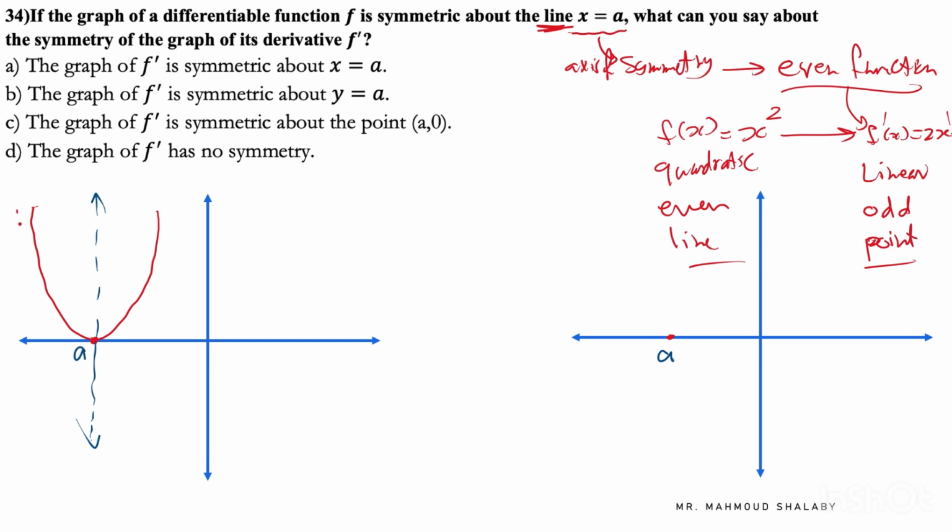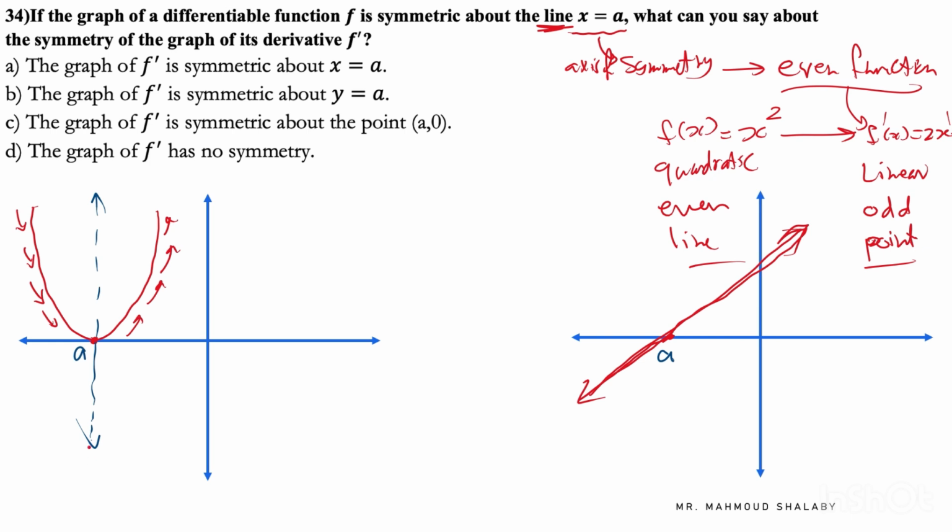But this one is decreasing, so I will start from below the x-axis, then increasing after this point. It will be drawn something like this, passing through the point A, symmetric about the point.